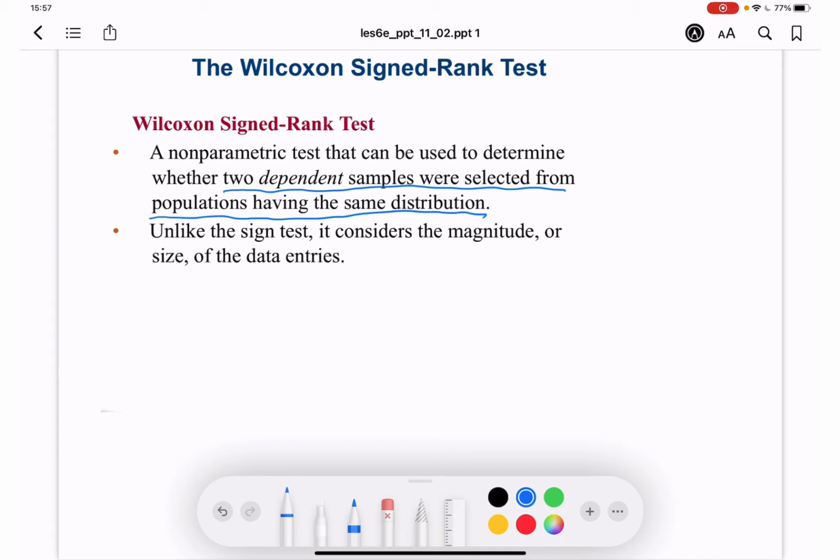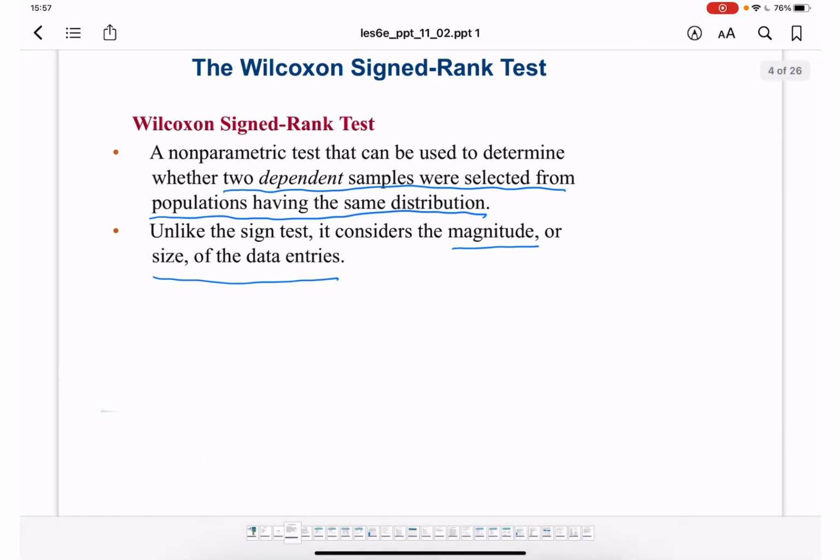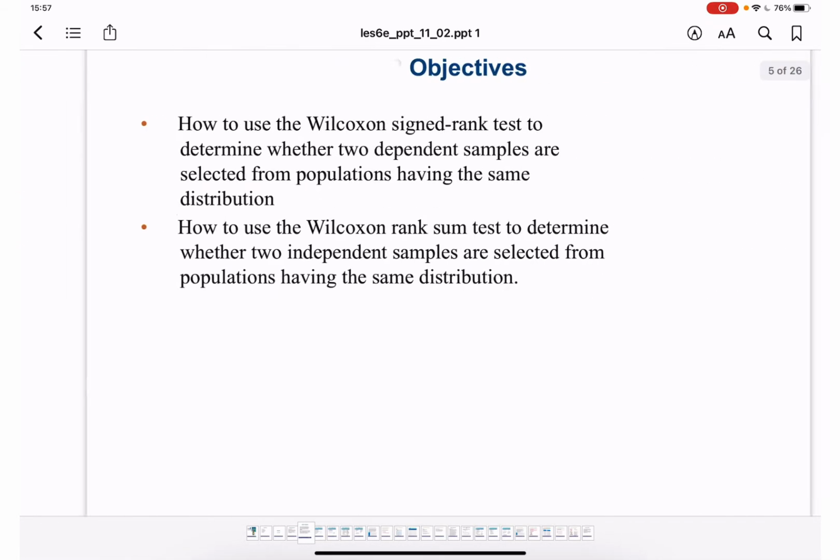Unlike the sign test, it considers the magnitude. Magnitude, just so you know, is an absolute value, so you drop the negative sign and use only positive, the absolute value or size of any data. That makes the Wilcoxon signed rank test more powerful than just the sign test.